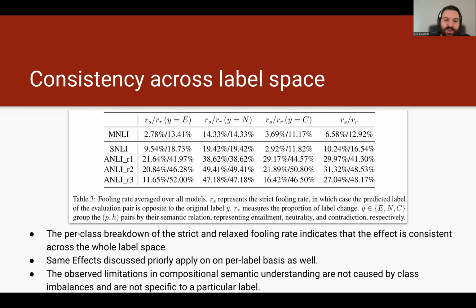This per class breakdown allows us to see that the effect is consistent. The same effect applies, as we discussed previously, for the out of domain and in domain setups, and for the distillation setup. So the observed limitations in compositional semantic understanding are not caused by class imbalances, or one class being harder than the other, and it does not pertain to a particular label.